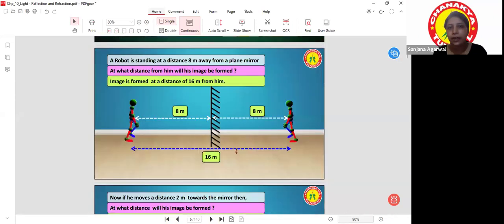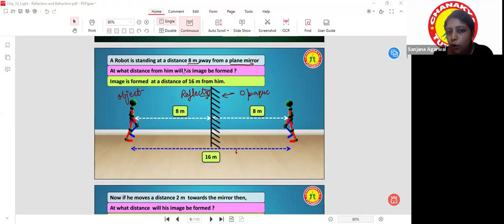Okay. Let us understand this more clearly with the help of an example. Suppose a robot is standing at a distance of 8 meters away from a plane mirror. You can say this is the object, as the left side is acting as the reflecting surface of the mirror and the right side is the painted side, or you can say the opaque side.